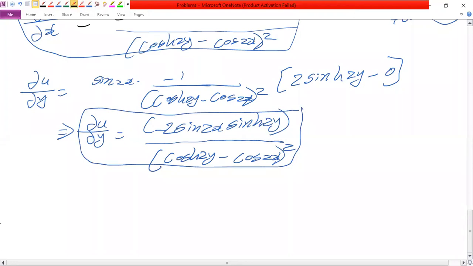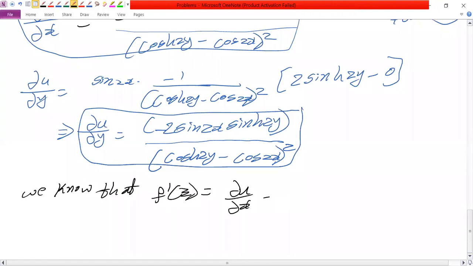We know that f dash of z equals dou u by dou x plus i into dou v by dou x. But according to the given problem, u is the function. So we have dou u by dou x and dou u by dou y only.